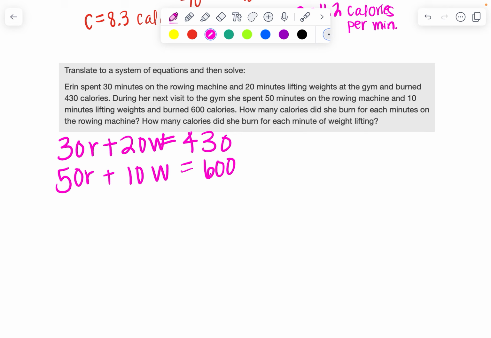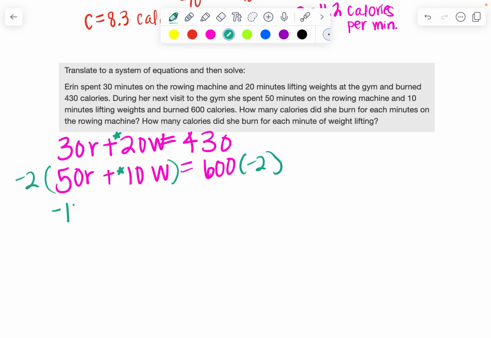You could use substitution. If you wanted to use substitution, you would have to get one of the variables by itself in one of the equations. But like I said, I'm going to do elimination. I'm going to choose to eliminate the W. So I need to get a negative 20W in my second equation. In order to do that, I'll multiply by a negative 2.